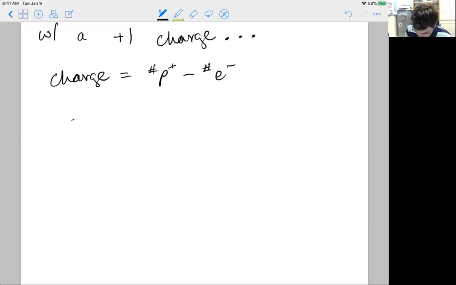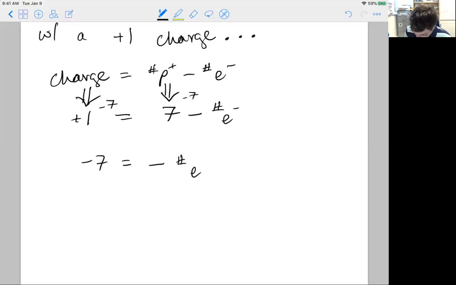So if we have a +1 charge and we have 7 protons, which was described previously, we basically solve for x, where x is the number of our electrons. So what I'll do is I'll subtract 7 from both sides. Okay, so that's going to give me -6 is equal to negative the number of electrons. I'm going to divide both sides by -1 to cancel out my minus sign in front of my electrons.